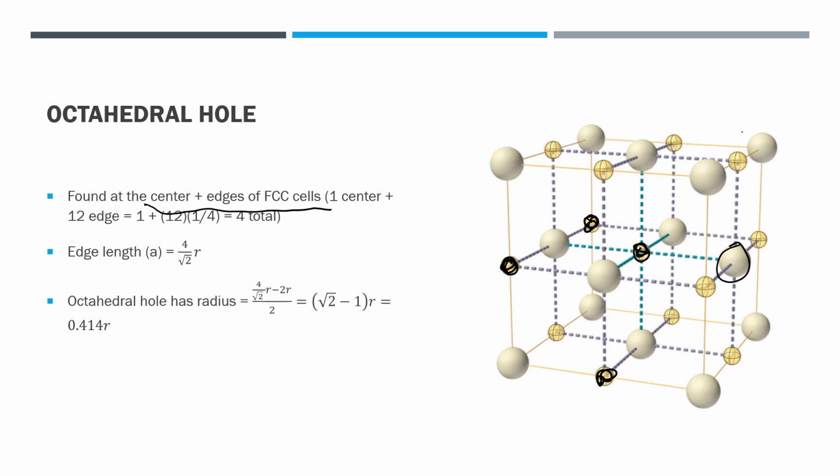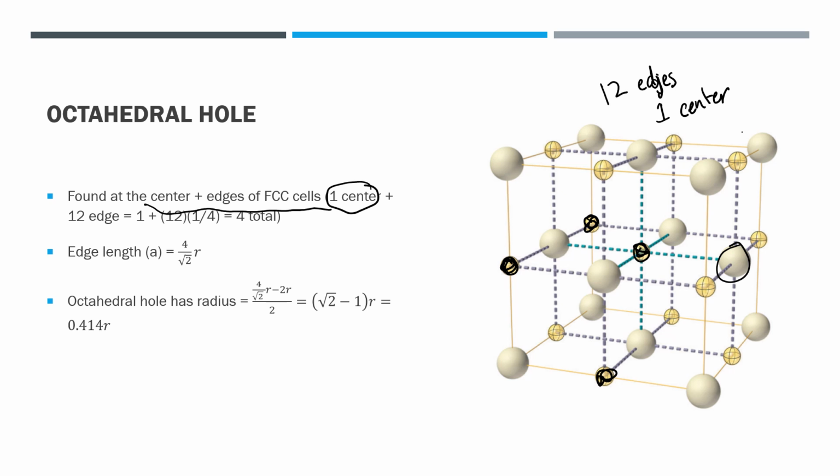So if we look at how many octahedral holes are there in an FCC lattice, we have 8 octahedral holes on the edges, and we have 1 in the center. Oh sorry, not 8 on the edges, we have 12 on the edges, right?